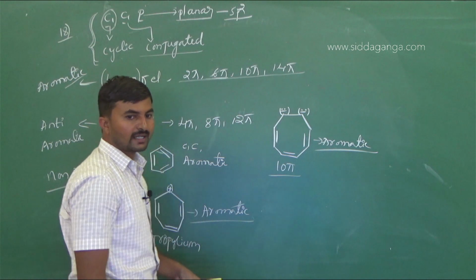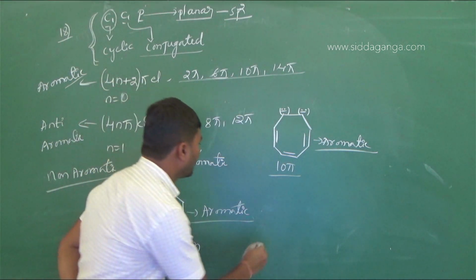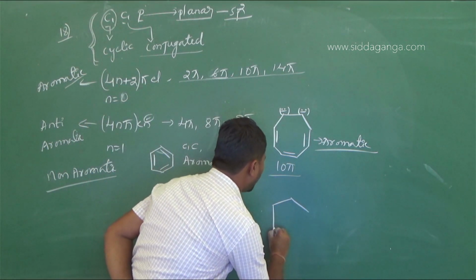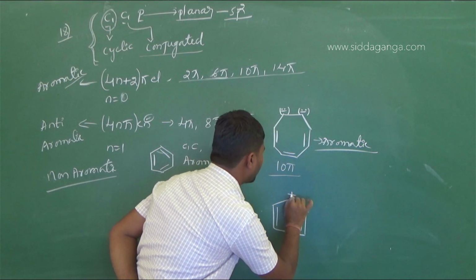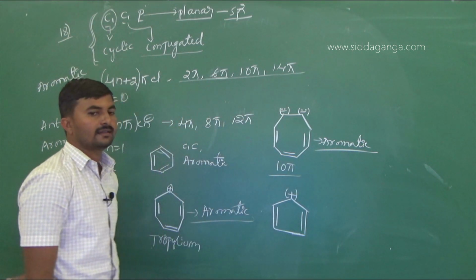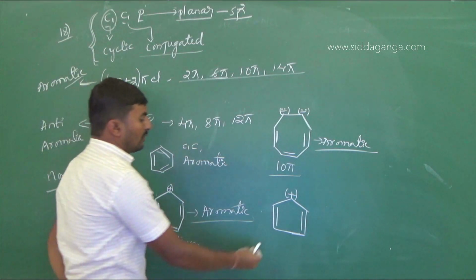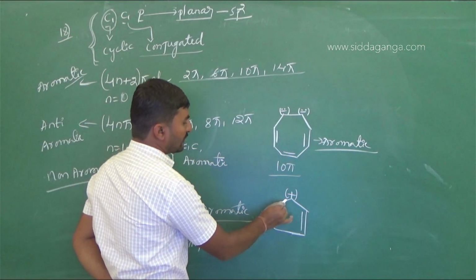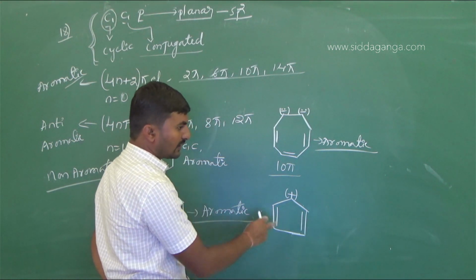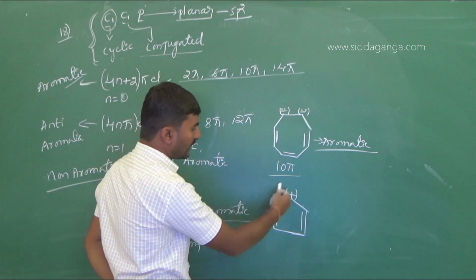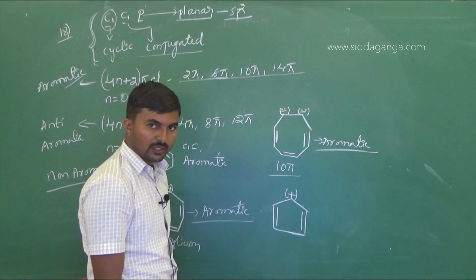And the last one, that is cyclopentadienyl cation. So this is the structure of the cyclopentadienyl cation. Sigma pi, sigma, positive charge, sigma pi. So it is cyclic in nature, conjugated in nature, followed by all the carbon atoms are sp2 hybridized.